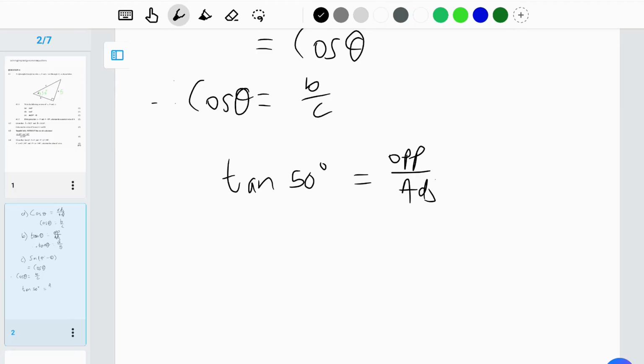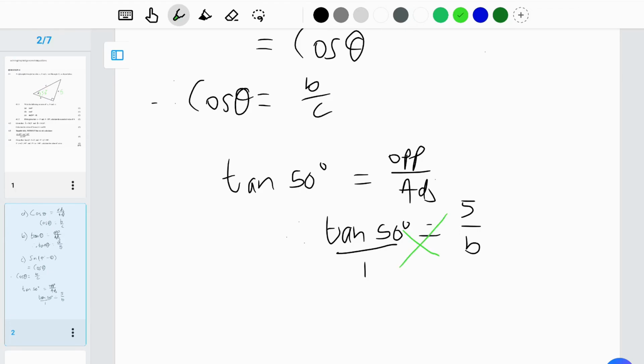Therefore the tan of 50 degrees equals, opposite we know is 5, and adjacent is B. What we can do now is put this over 1, and we can do what I've showed you guys in previous videos.